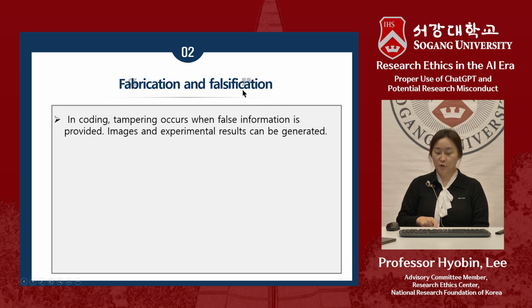But if you did not check it and just use it as ChatGPT says, then you get involved in fabrication or falsification. So this is a picture that ChatGPT fabricated, manipulated. A is real, but I asked it to change it to B.